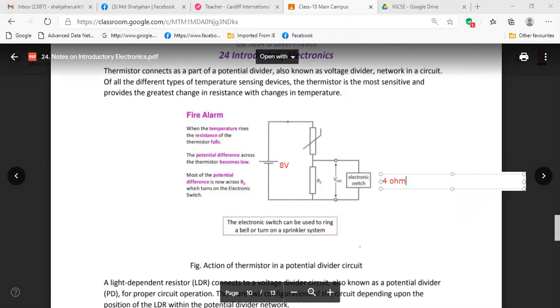Making it simpler, this one, the thermistor, is also 4 ohm at normal temperature.